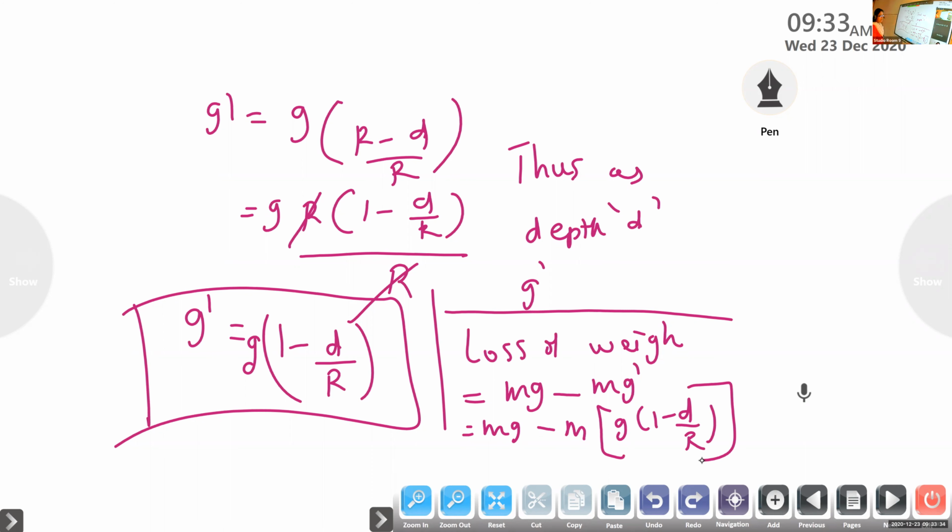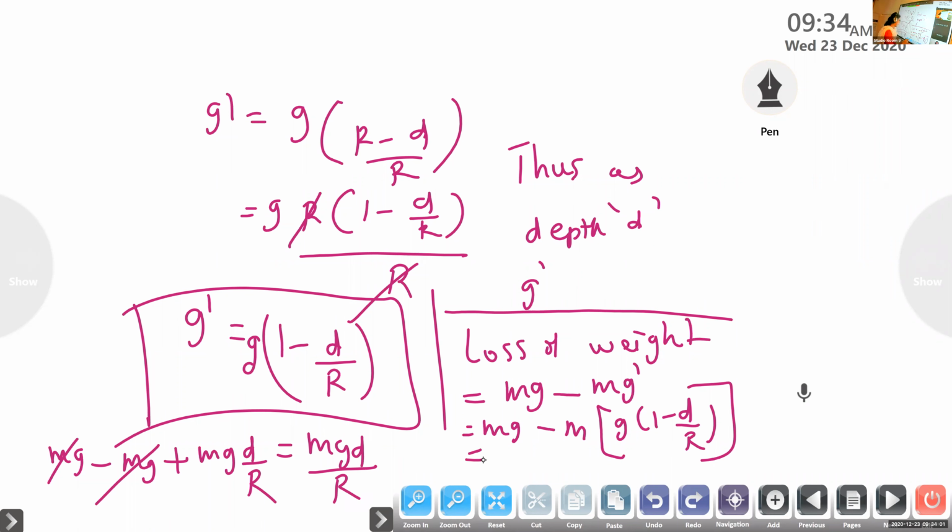Expand the second term: mg minus mg plus mg d by R. This got cancelled. Finally, loss of weight is mg d divided by capital R.